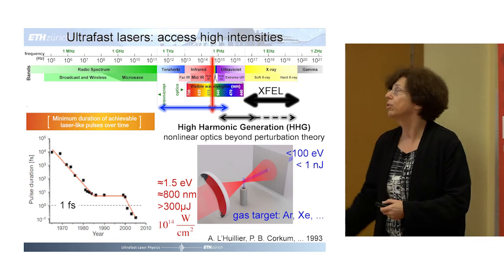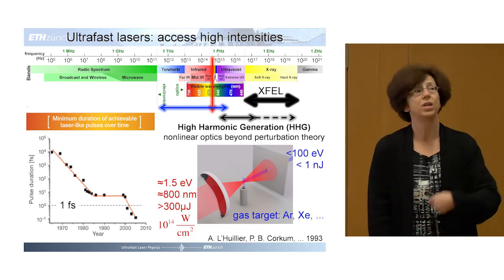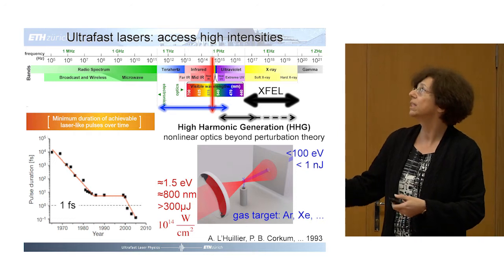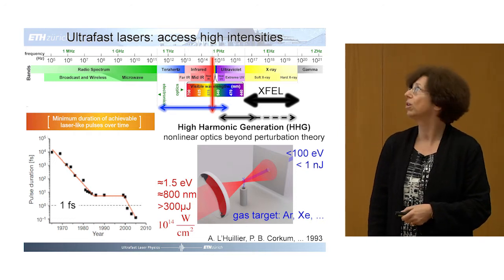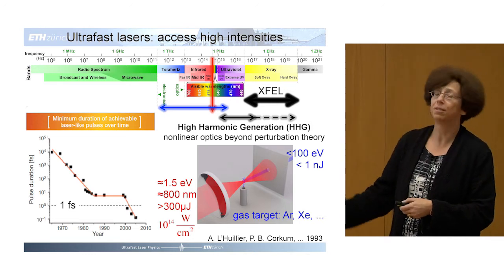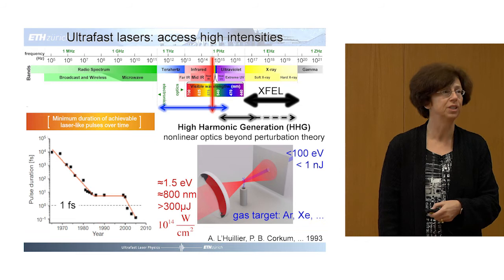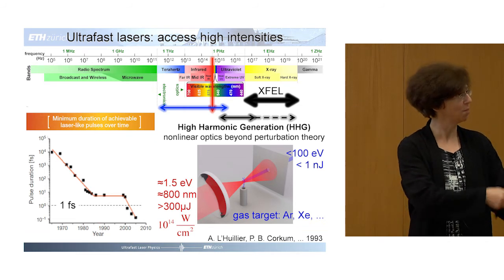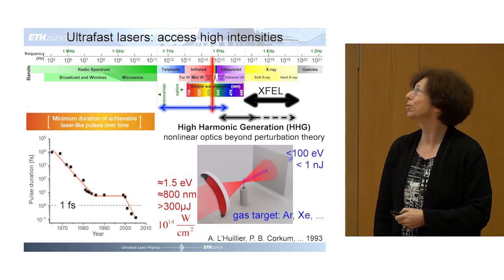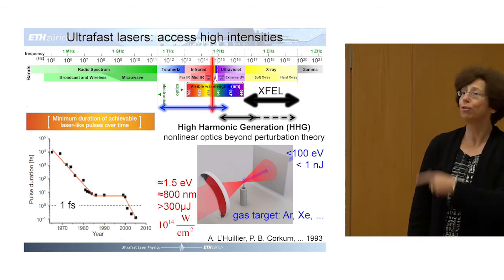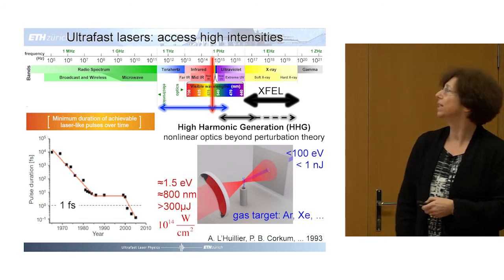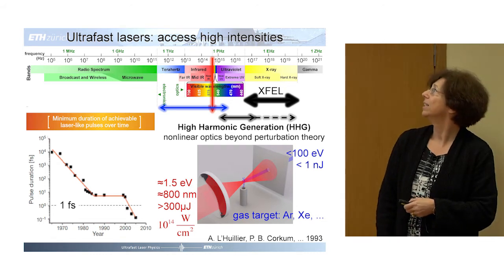And if you then go into one of these gas targets, you get harmonics with up to, very easily, 100 eV, with pulse energies, however, in the typical range of nanojoules. But because we start off with so much, there's still enough left at the end, and that was enough to also get attosecond pulse durations. So that has been the driving force in this field.